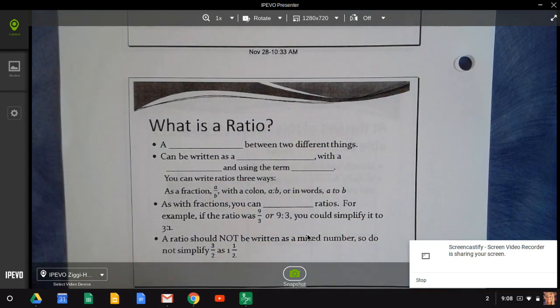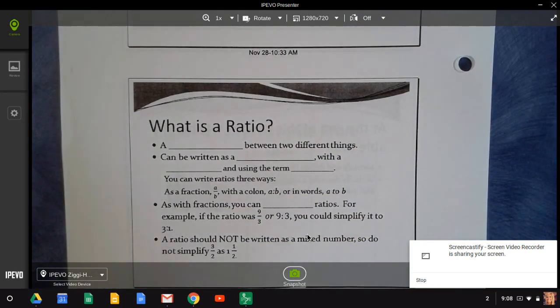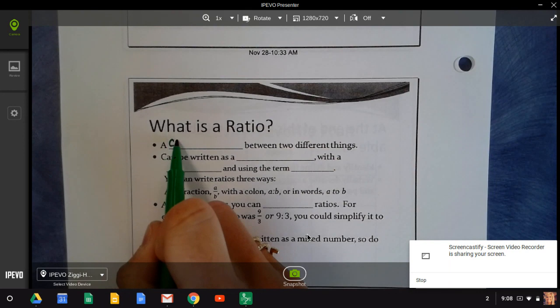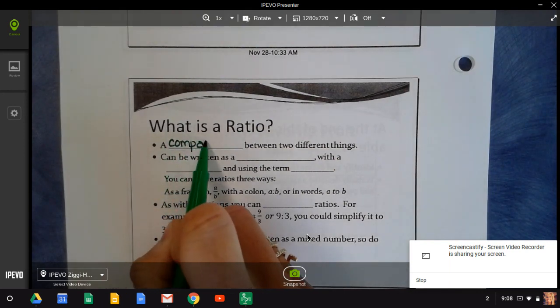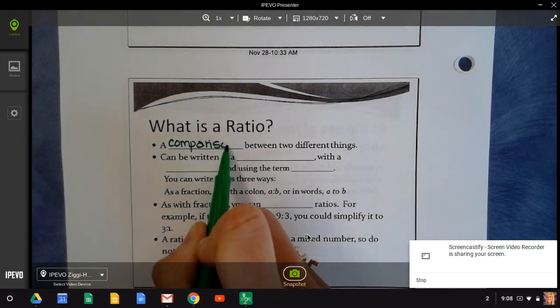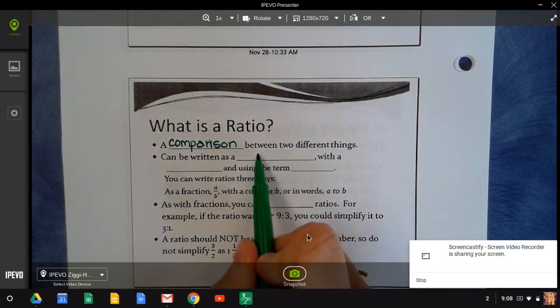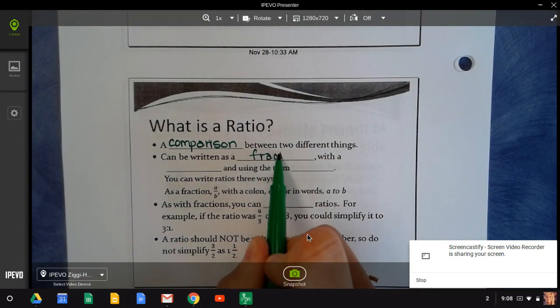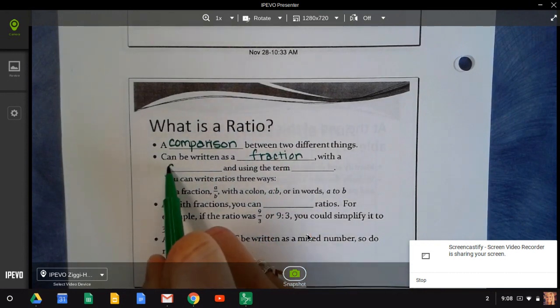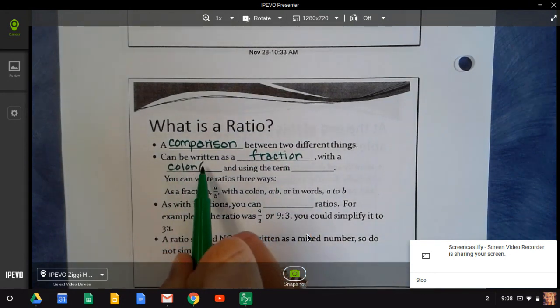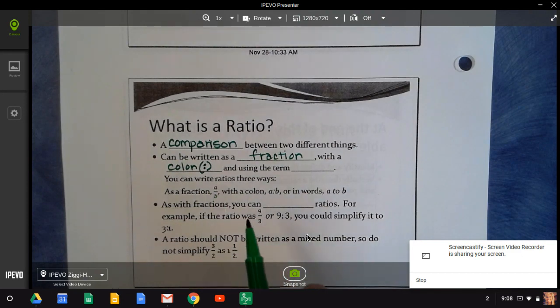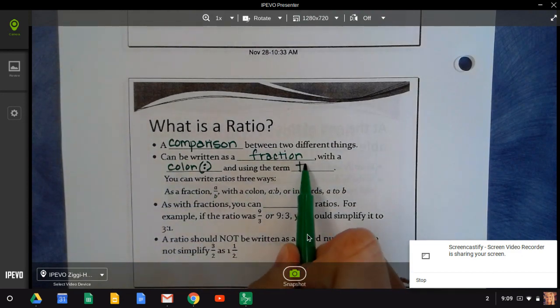Okay. Now I want you to pick up your pencil. You're going to write down anything that I write down in this video. So what is a ratio? A ratio is a comparison between two different things. A ratio can be written as a fraction or with a colon. If you're not sure what a colon is, it looks like this, the two dots up and down, and using the term "to."